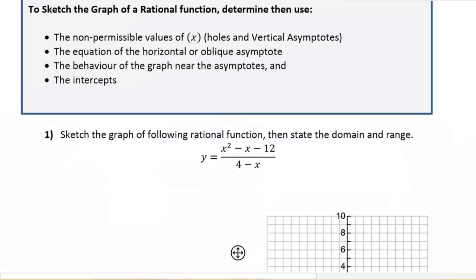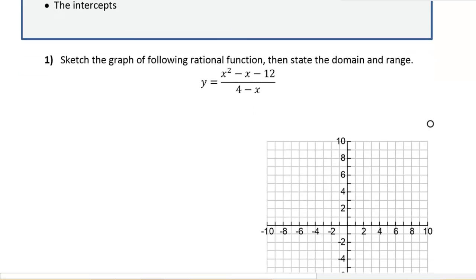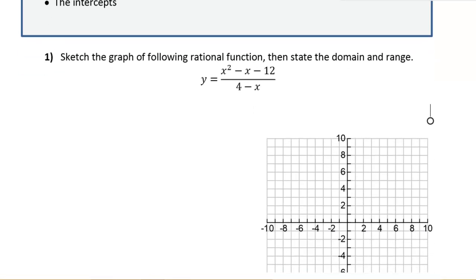So our first example here requires us to sketch that graph. Our first step is going to be to factor that, see if we have any holes or vertical asymptotes. So when you factor that out, your factors are going to look like this. The top part's going to be x minus 4 and x plus 3, and the bottom part's going to be 4 minus x.